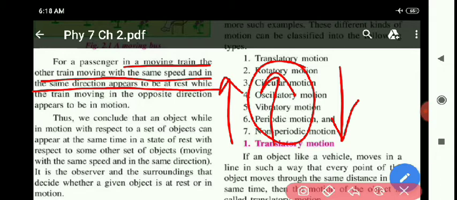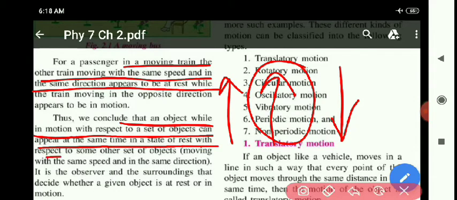Thus we conclude that an object in motion with respect to one set of objects can at the same time appear at rest with respect to some other set of objects moving with the same speed and in the same direction.